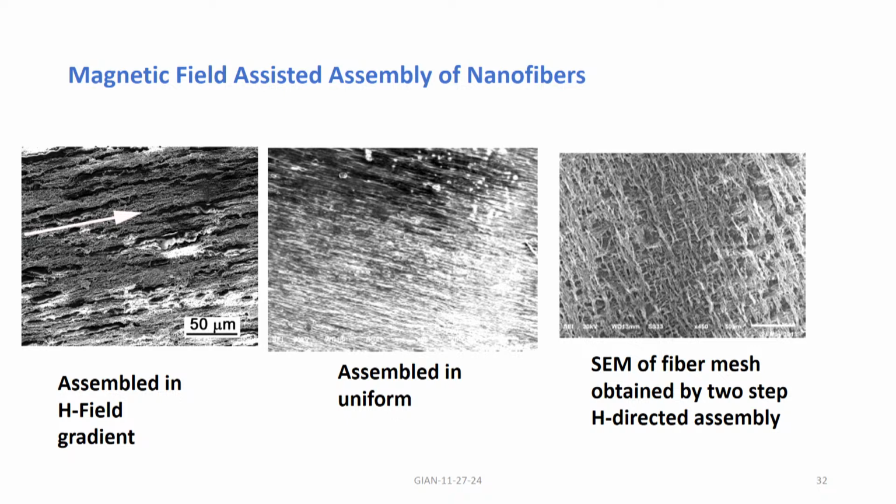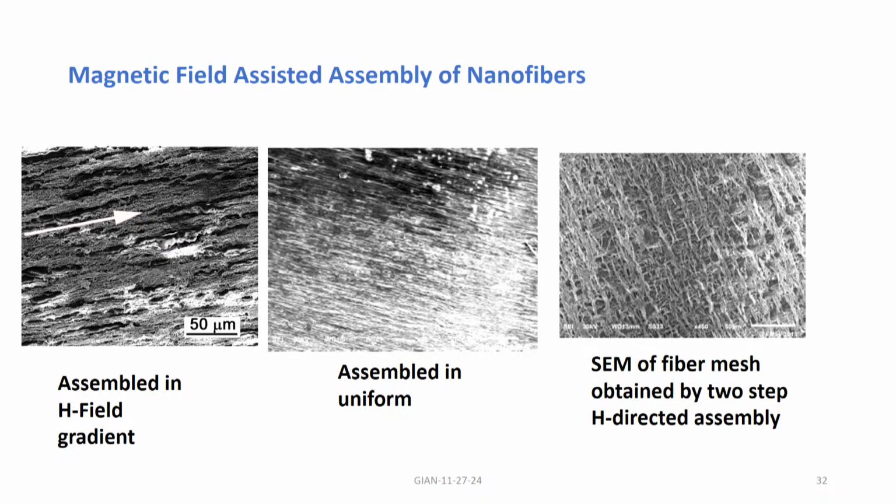Okay, so to measure the magnetoelectric interactions, we ended up assembling these fibers into thin films in a uniform or field gradient. In both cases, the field applied was a magnetic field. You can apply a uniform field with an electromagnet or a solenoid, and for a non-uniform field or a field gradient, all you have to do is use a permanent magnet.